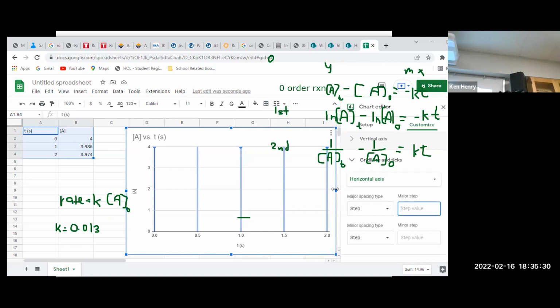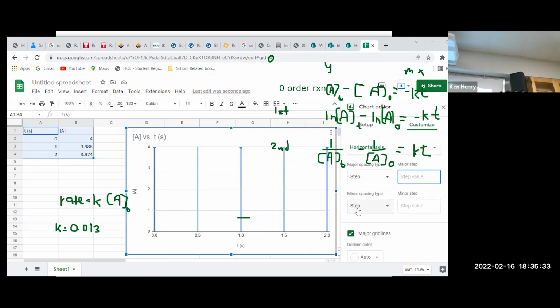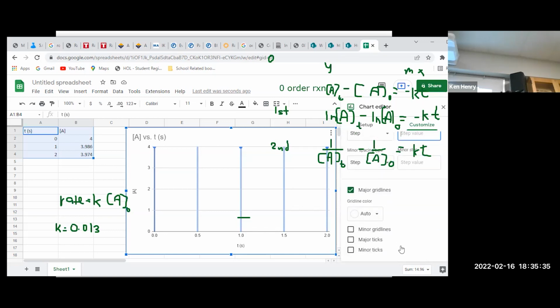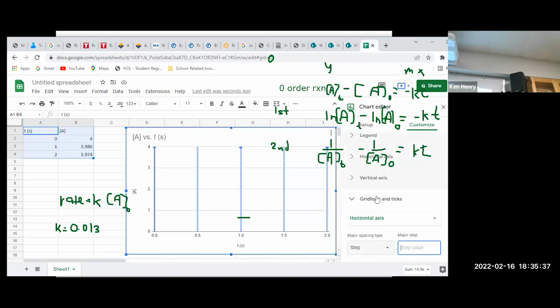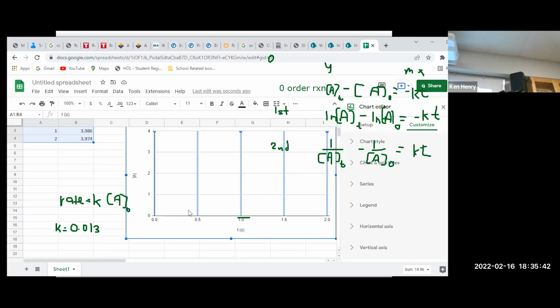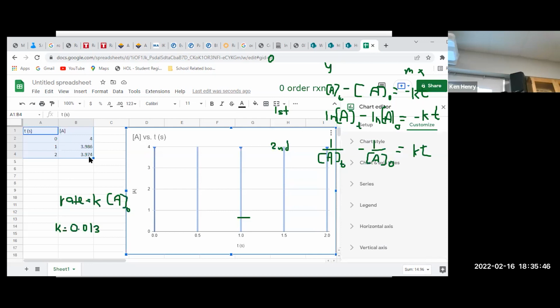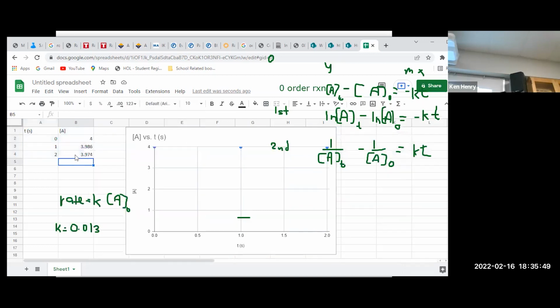Is that what you're telling me? Let's see if we magnify it by 10. We'll go A times 10.